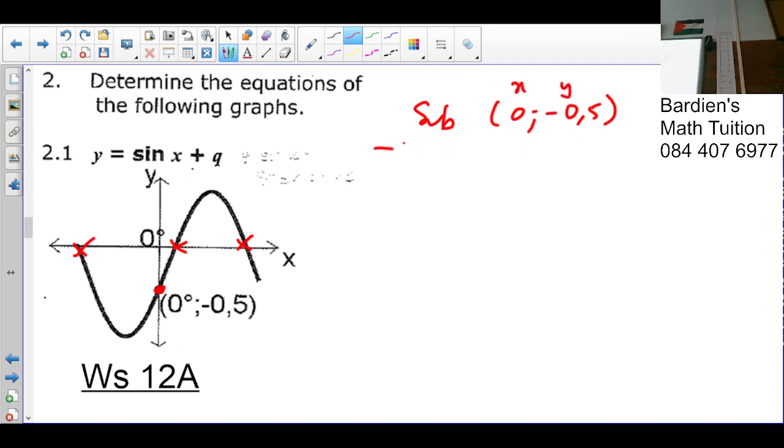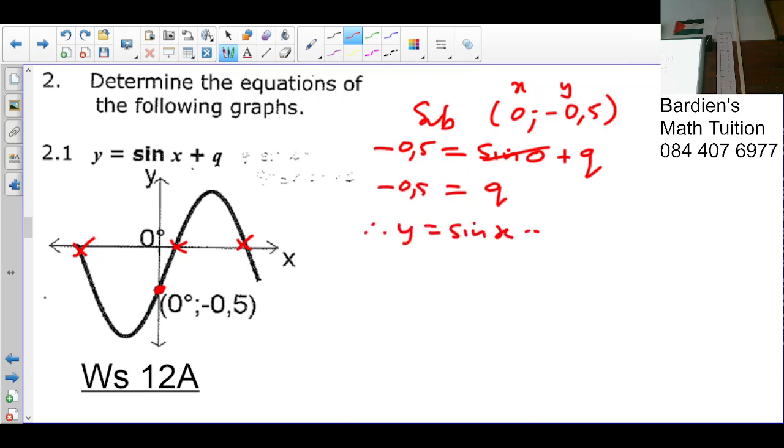So negative 0.5 is equal to sin 0 plus q. Now you put it in your calculator: sin of 0 is 0. So q is negative 0.5. So therefore y is equal to sin x minus a half.